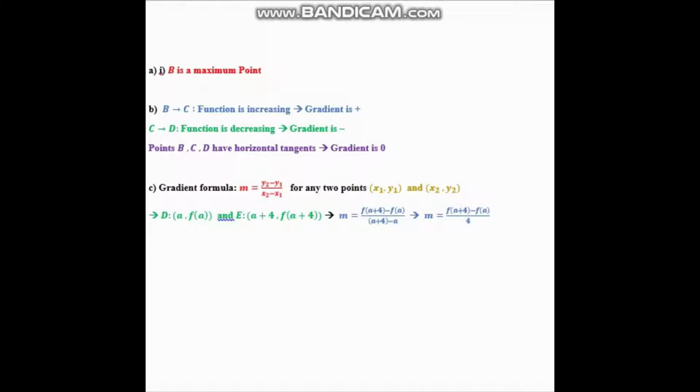Hence this is my equation for the gradient or the slope. All that remains is for me to simplify the denominator. A plus 4 minus A gives me a 4. Hence this is my final equation for the gradient. So take a minute to write the answers down if you will. I shall begin the next question shortly.